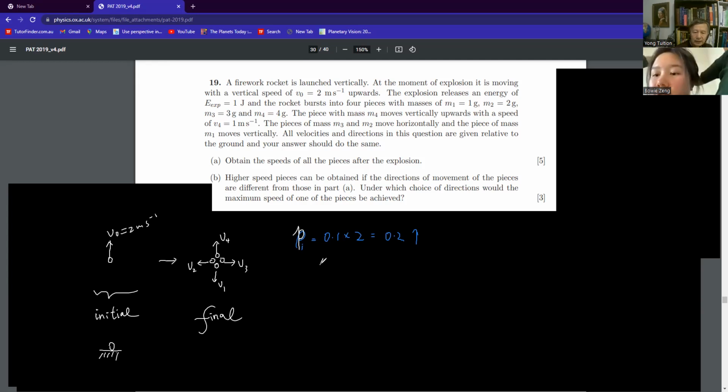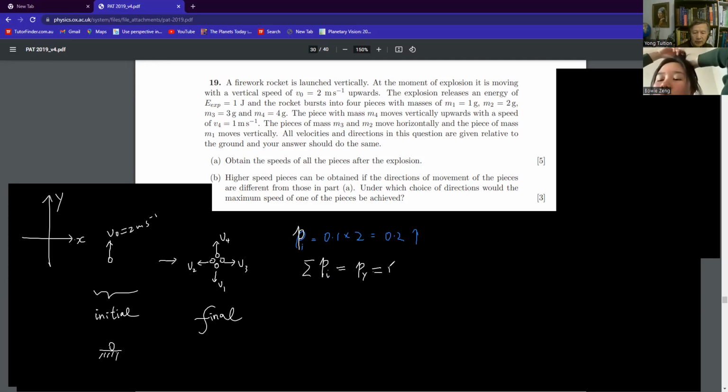So the total initial momentum of this system is upward, okay? Can we just call this X and Y direction? So this momentum is in the Y direction, so this is P_y.